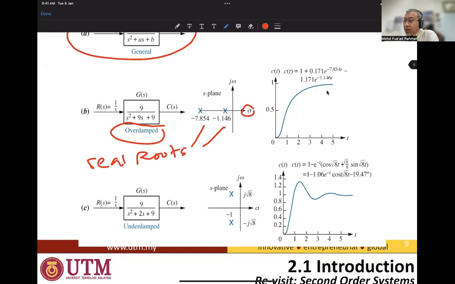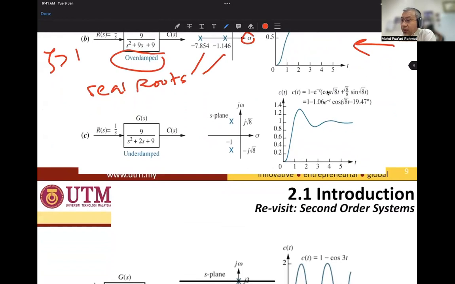And this is the type of response for overdamped. Usually overdamped is zeta greater than 1.